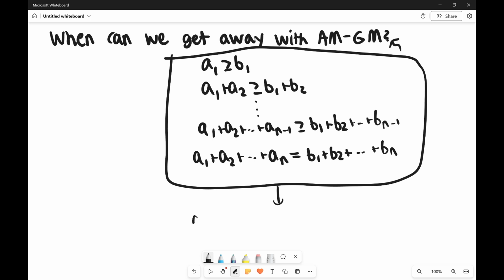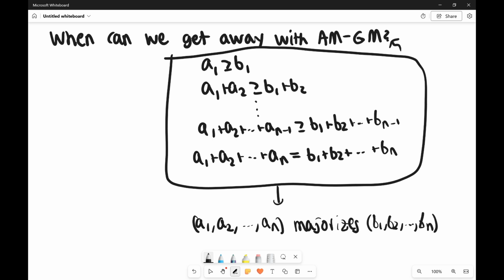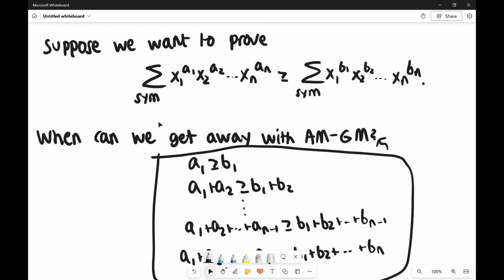We say that a1, a2, all the way to an majorizes b1, b2, all the way to bn, and we denote this as this, that means majorize. And basically, if a1, a2, all the way to an majorizes b1, b2, all the way to bn, then if we want to prove this inequality here, we can get away with AM-GM.